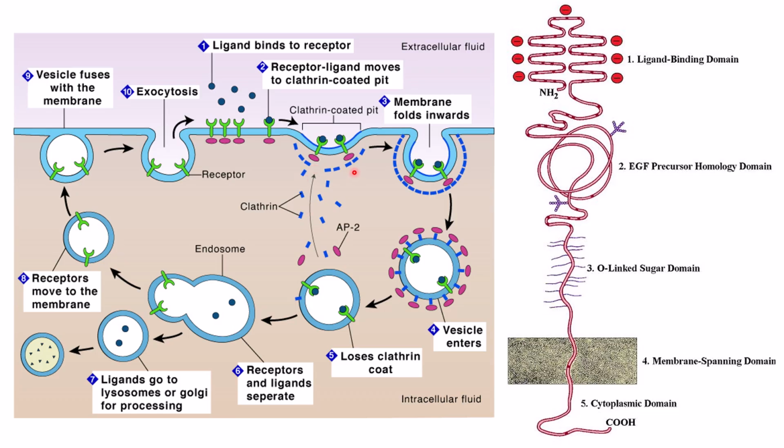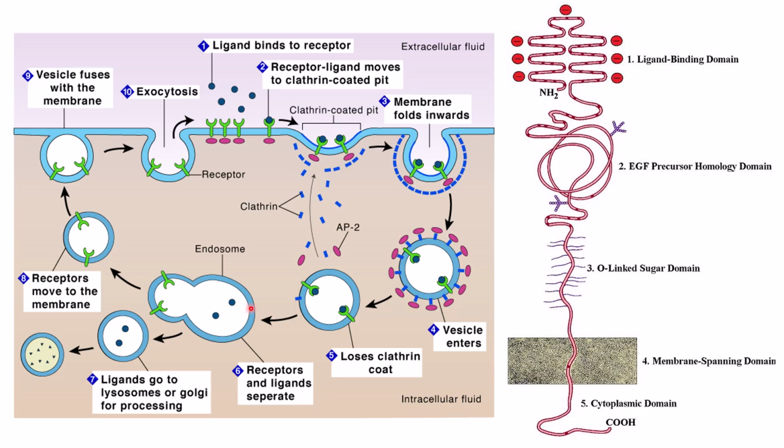Now when the LDL is bound to its receptor, it is internalized in a clathrin coated vesicle, and later the clathrin coat is shed off, and it fuses with the early endosomes, which have an acidic pH of around 6 to 6.2.